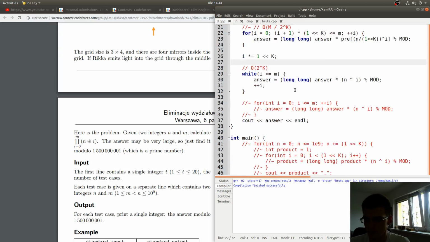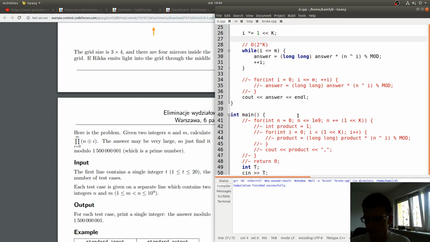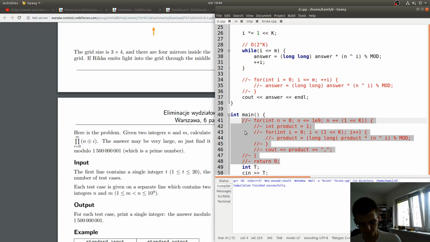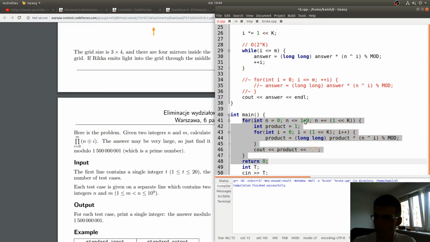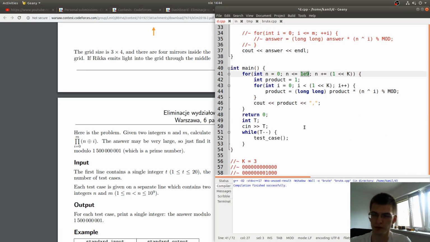And here, as I said, I cheat a little bit because I know the reason. When we pre-processed values, we only iterated with n up to 1 billion. But when we XOR n with some value I, n can exceed 1 billion a little bit.